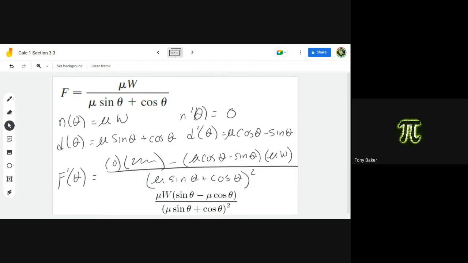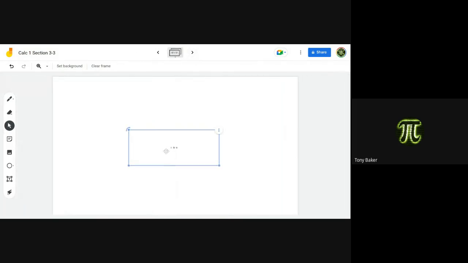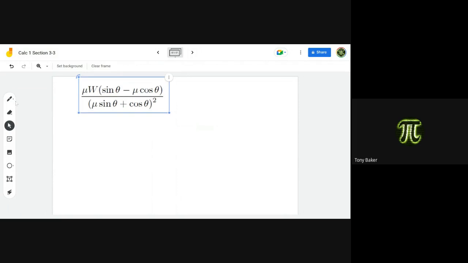All right, so we've got our derivative now. The second part of the question says, when is this rate of change equal to 0? So how would I want to know when this equals 0?